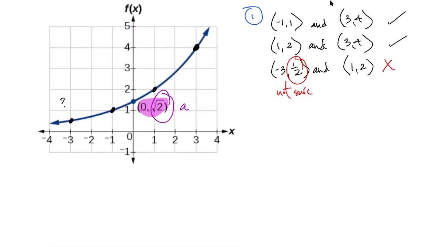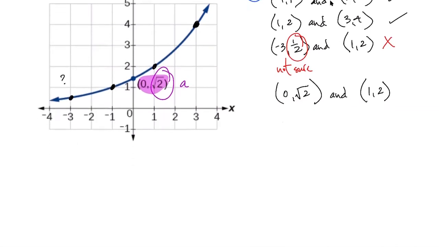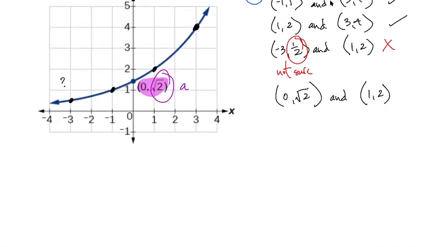So let's try using 0, comma root 2. And I usually like to pick smaller numbers or 1 if I can. So I'm going to choose 1, comma 2 as my other point. All right, so we can kind of skip to step 3 because we're going to use a to find b.